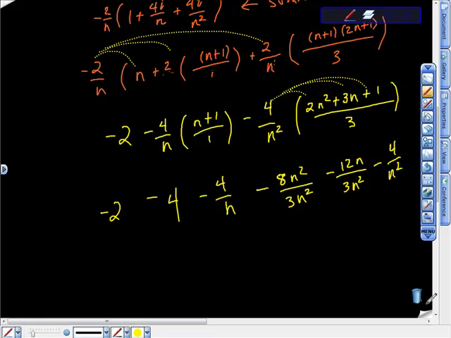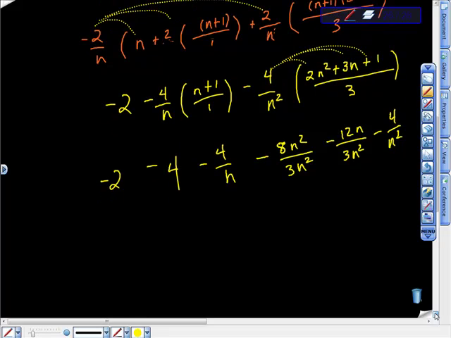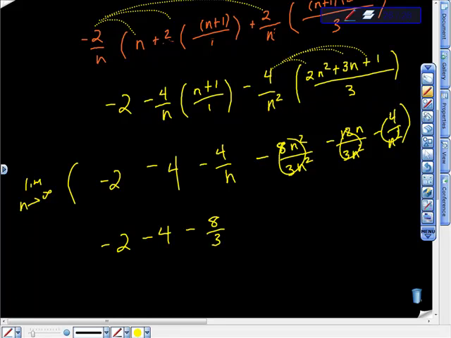So let's see what that gives us here. Remember we had this limit thing going on, so I'm going to take the limit here as n goes to infinity. The limit is -2, -4, -8/3, isn't that right? All these limits go to 0, 0, and 0. Whoops, this one doesn't go to 0.